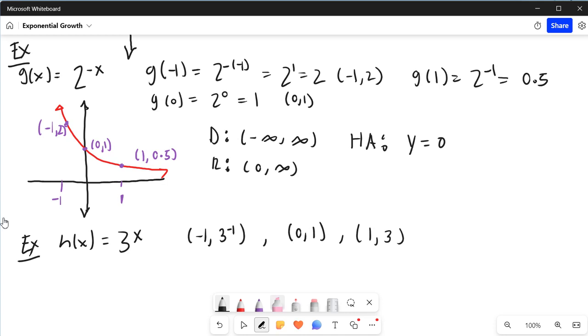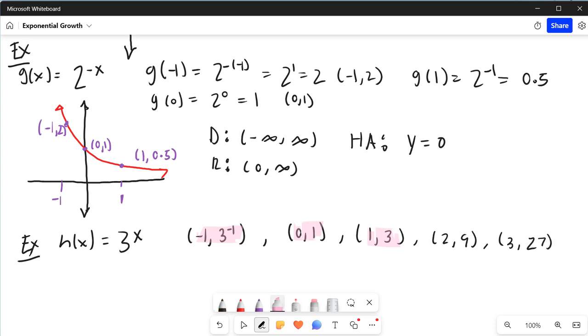So you would be plotting basically these points in either case. Now, if you wanted to see further points, you could do that too. Nothing wrong with that, right? If you plug in 2, what would you get? Well, that would be 3 squared, which is actually just 9. And then if you plug in 3, well, that's 3 cubed, which is 27.